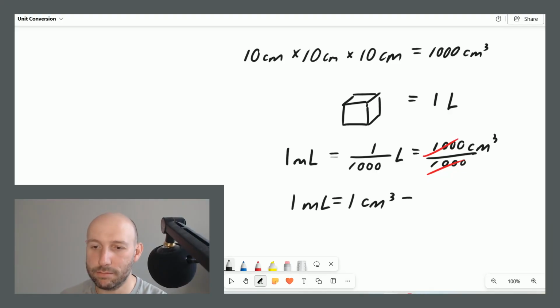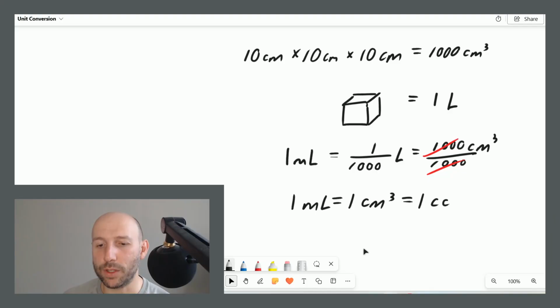And sometimes that's called 1 cc. So now we have convenient units of volume, 1 liter and 1 milliliter, and those are related to our unit of length, which is meters.